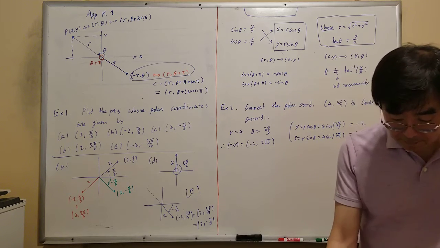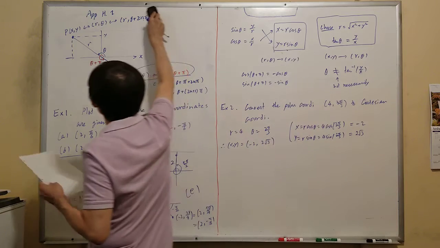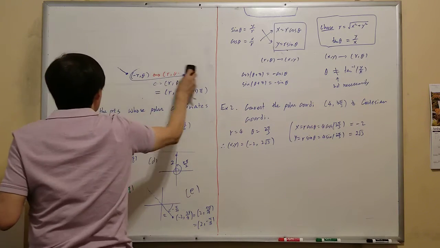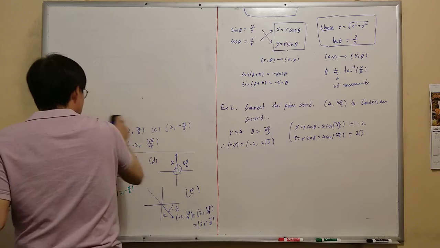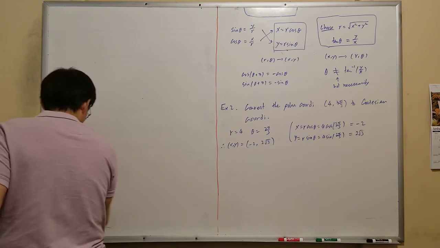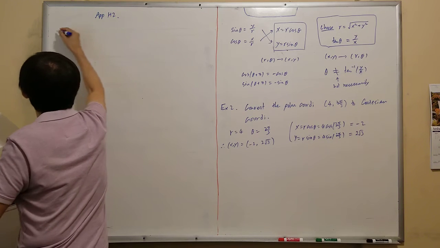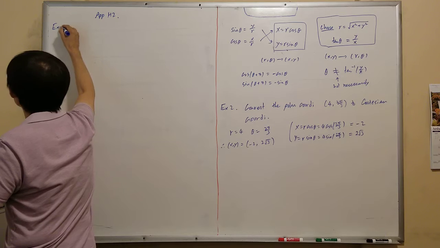Okay? And what about conversion from rectangular to polar? Example 3.